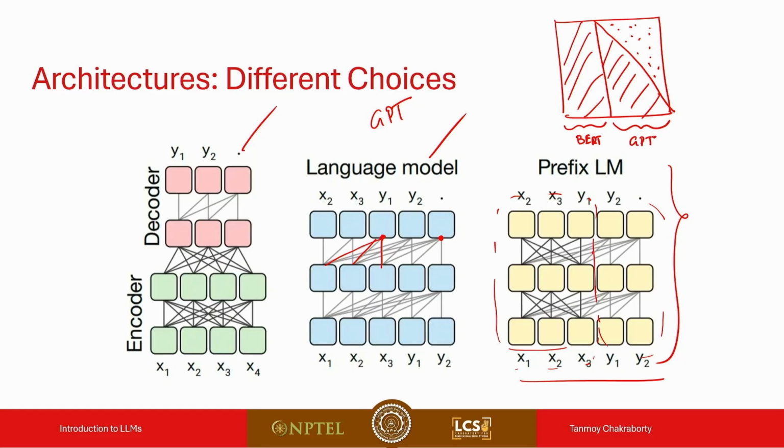But the difference here is that there is no separate encoder-decoder. There is only one layer stack. In one stack, one part is acting as an encoder model and the other part is acting as a decoder model. This is called prefix LM.